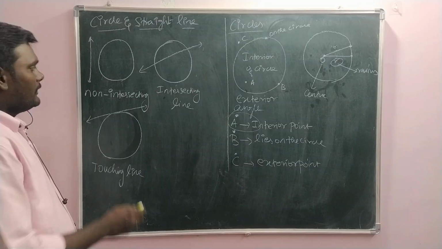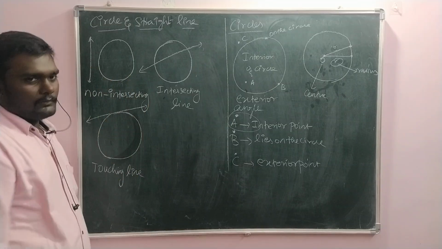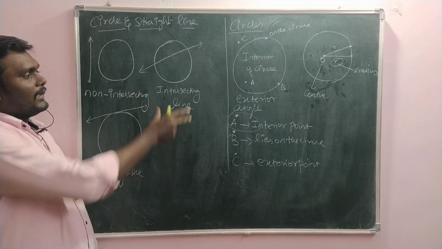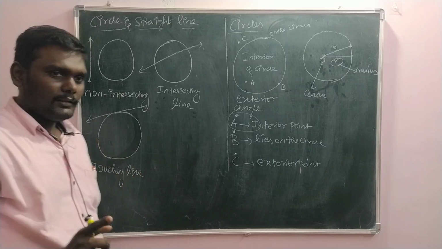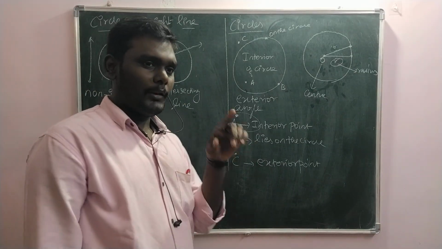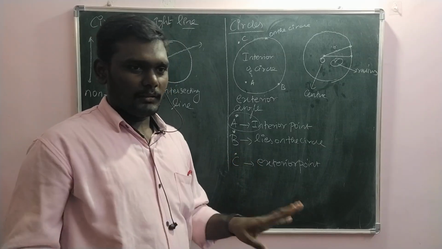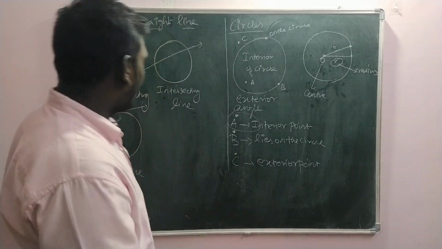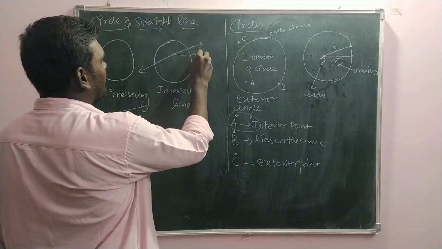Okay, so this is called a non-intersecting line. Obviously, this is an intersecting line. If a line intersects at two different points, or a line passes through any 2 points on the circle, it is called a secant of the circle.